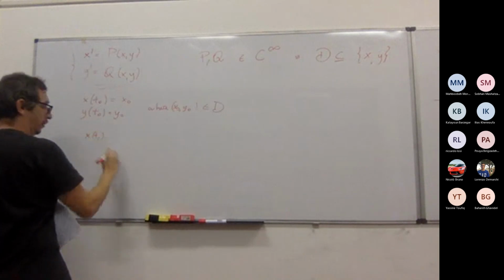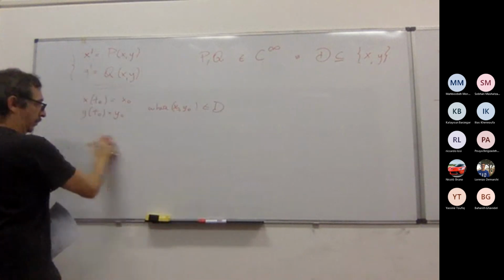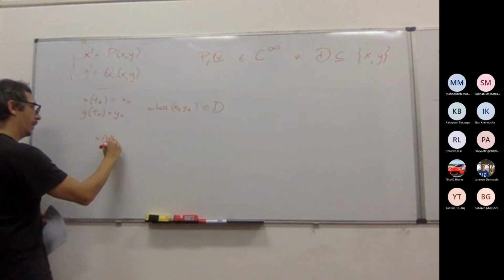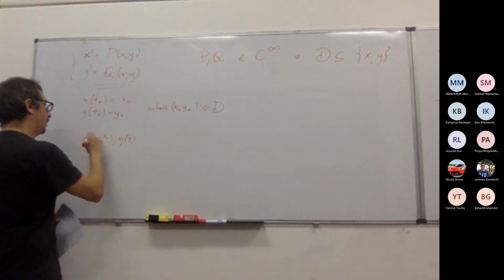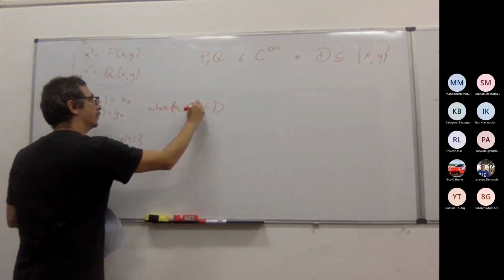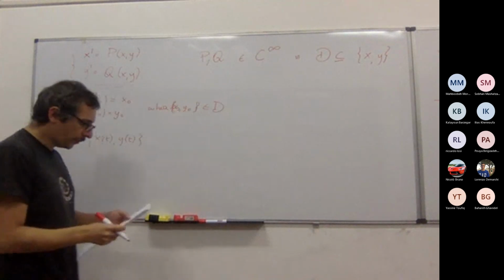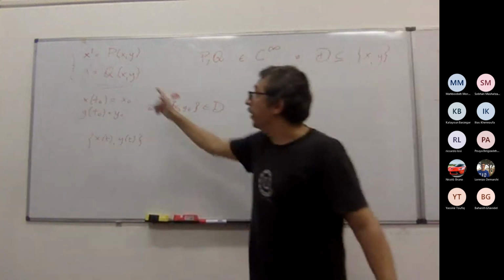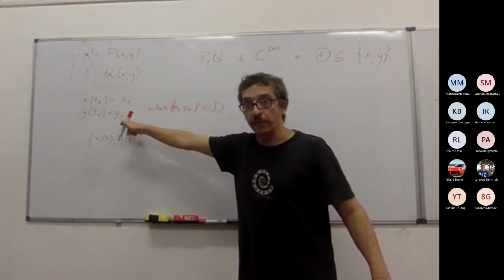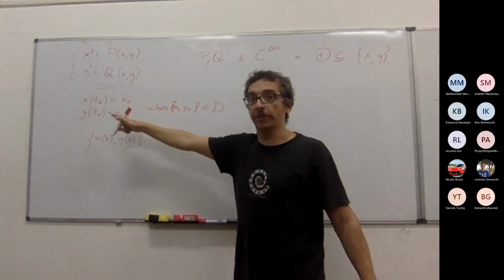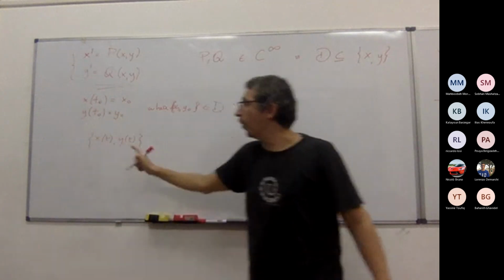x of t, y of t, which is a solution for this problem with these initial values for the functions x and y.